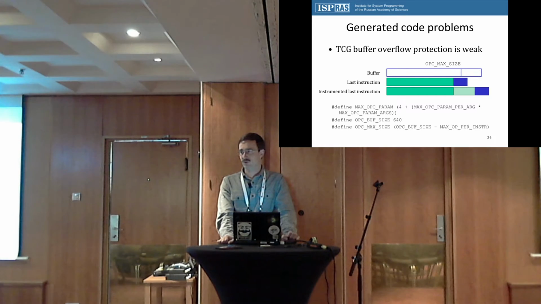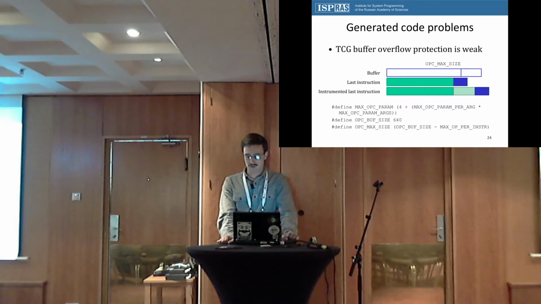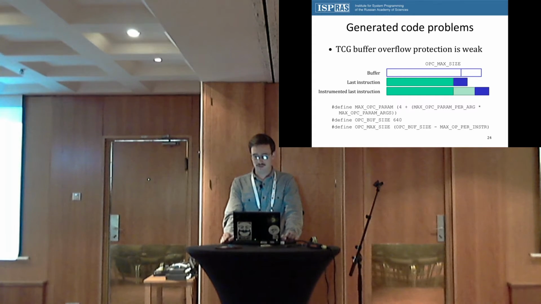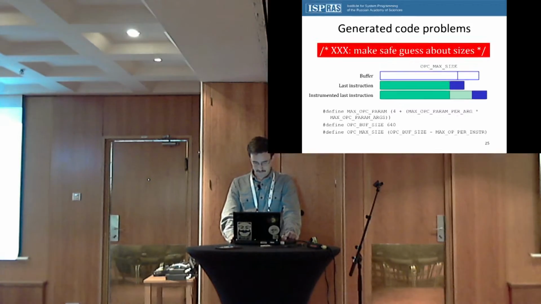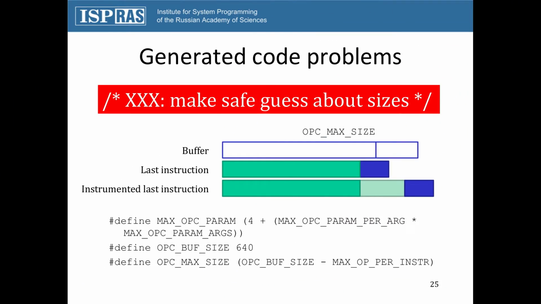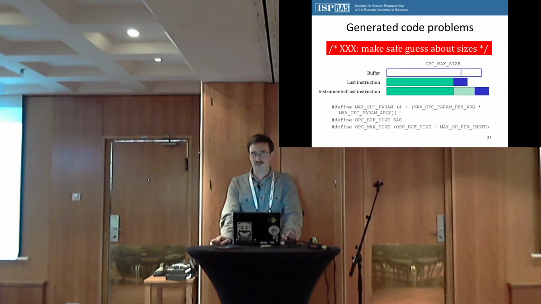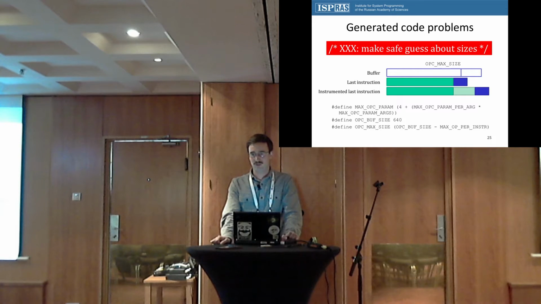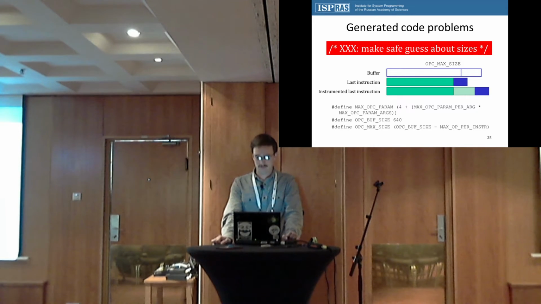If we insert many callbacks, we can also overflow this tail. There is an optimistic comment in the QEMU code which describes this situation. We didn't figure out the solution, we just inserted an assert into the code generator.